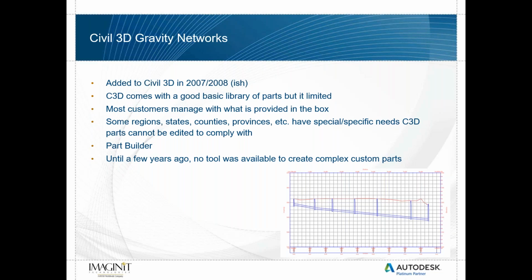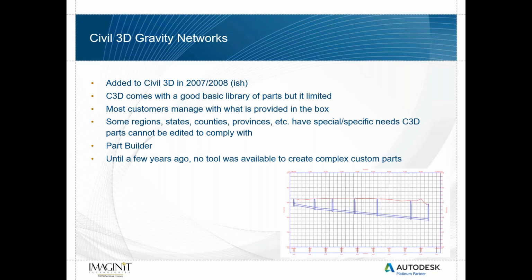But fast forward all the way through right around the 2016-17 timeframe, Autodesk released a product on Autodesk Labs called Project Chameleon, Chameleon with a K, that introduced this radical new way to build parts.